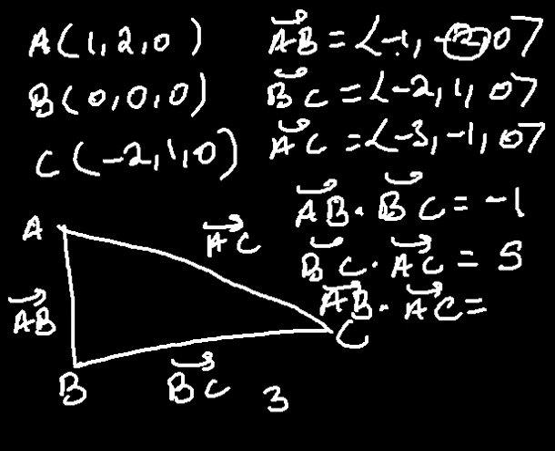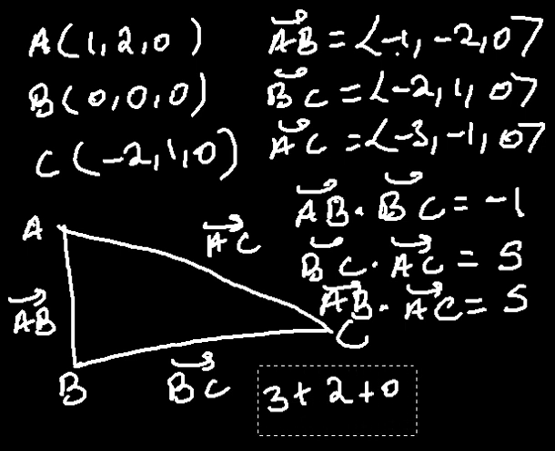And now negative 2 times negative 1 is a positive 2. And now 0 times 0 is 0. So that is also giving us 5.